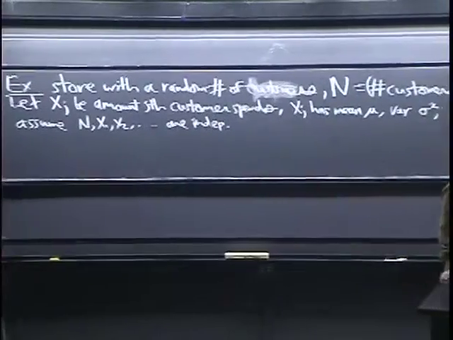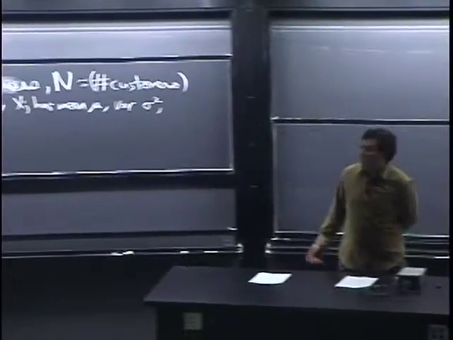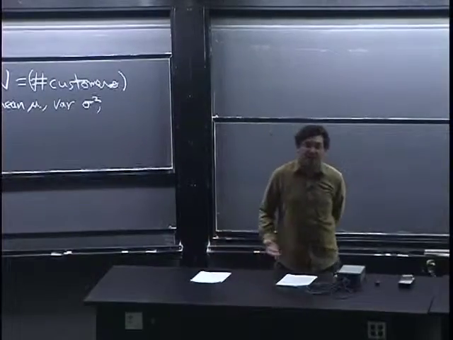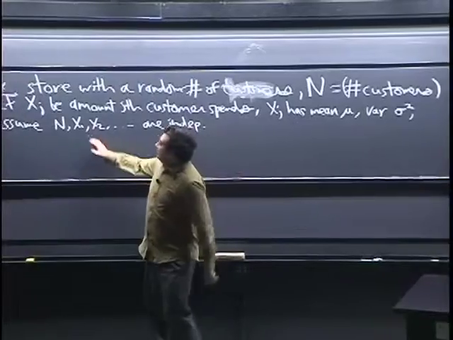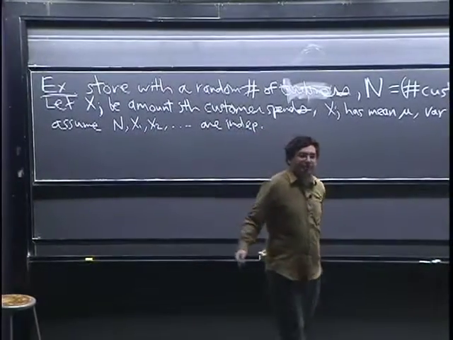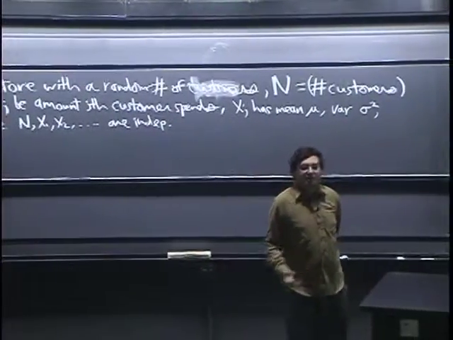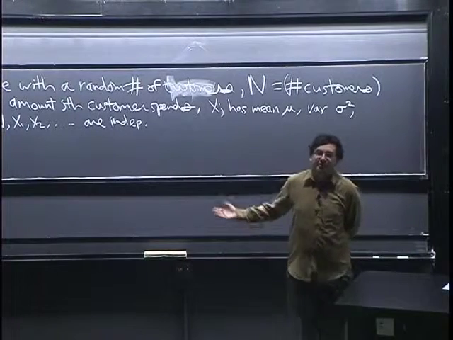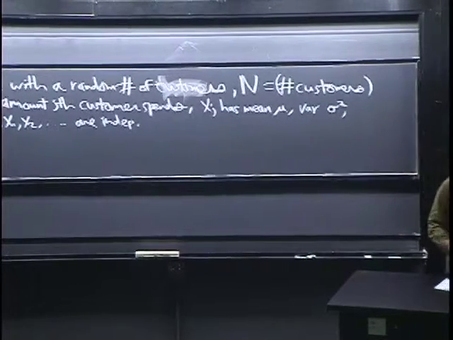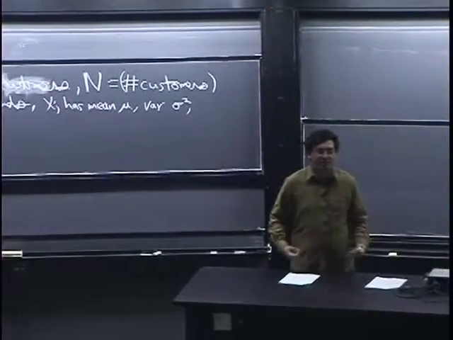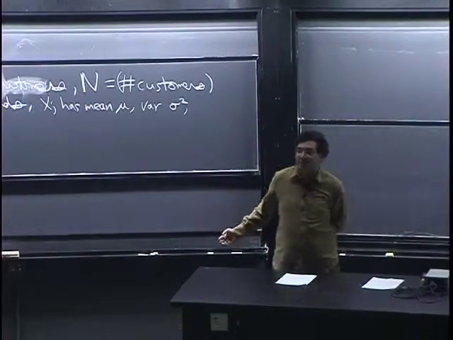Okay, so we're not necessarily assuming that the x's are IID, but we are assuming that they're independent. So it's not like the second customer sees how much the first customer spent and wants to spend more than that person, or they come in in groups, in families, and decide together or something like that. They're just independent customers.